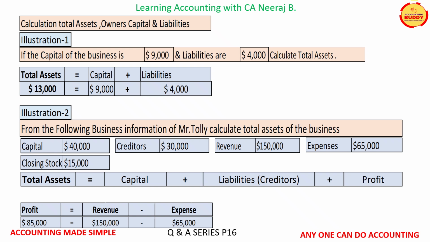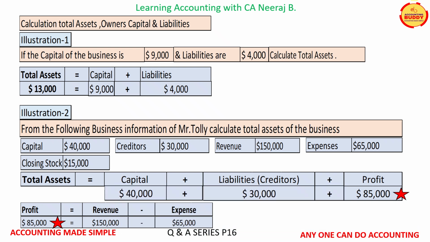In this illustration, since the revenue and the expenses are given separately, we need to calculate the profit, and this profit will increase the capital of the business. Therefore, the profit is $85,000 and the liabilities given are $30,000 and the capital given is $40,000.